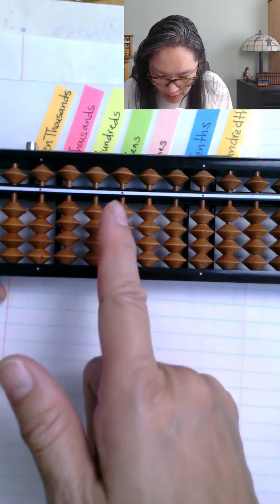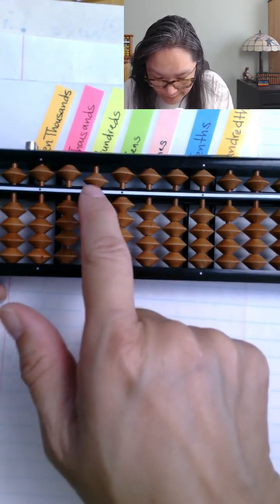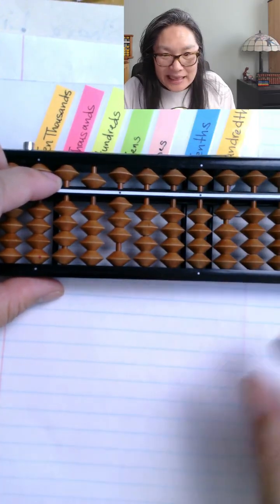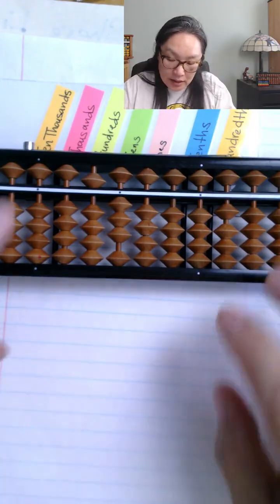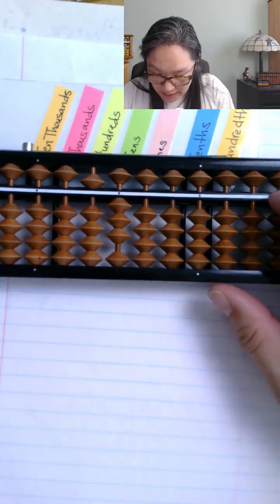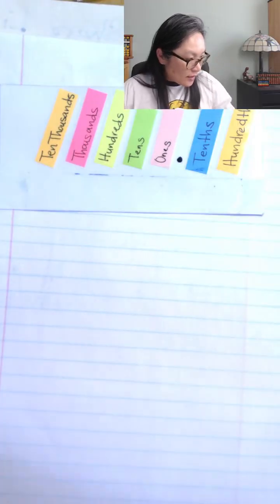I know this is the thousands, so I'll have my 3 here. So it'll be 53,000. That's how I'm thinking it. I don't know how everybody else does it, but that's how I do it. So I make sure that my ones is in the dot that needs to be.